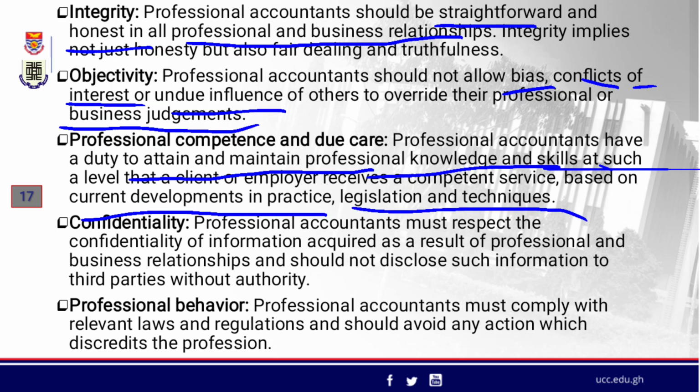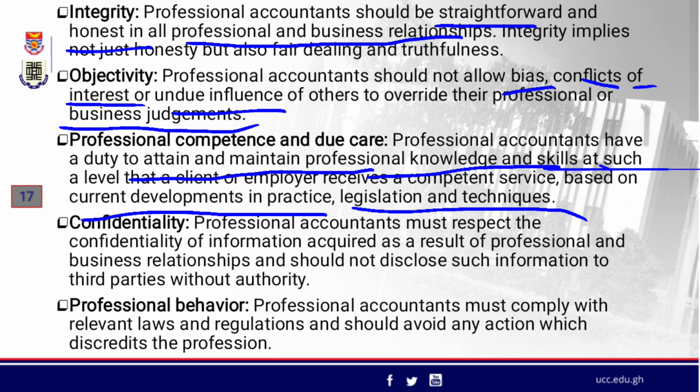Accountants would have to follow the trend as the world is developing and continuously develop their skills. So we call this continuous professional development, that's CPD.